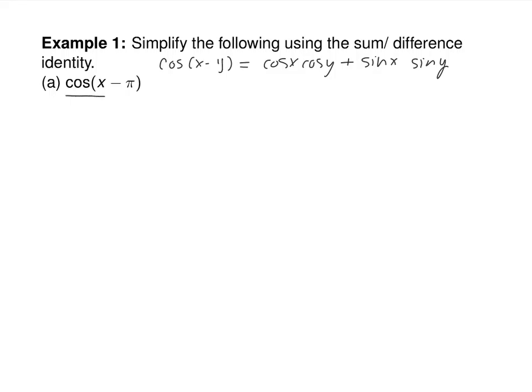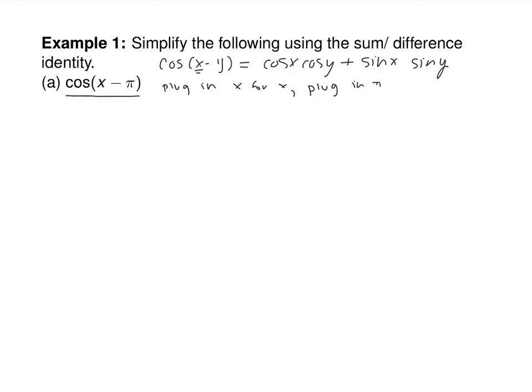So in the case of this problem, what are we plugging in for x? It's not a trick question. X is the first thing, right? So you plug in x for x. The minus sign is built in as part of the formula. So what do you plug in for y?